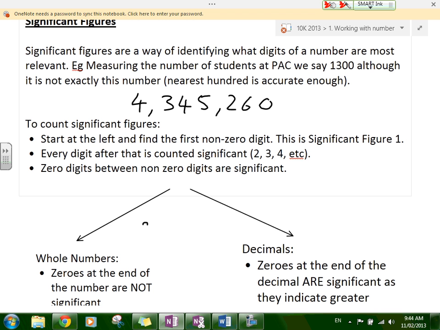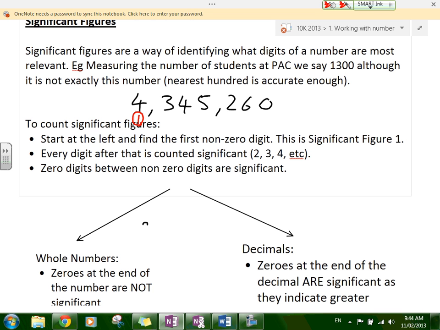This is significant figure 1. The 4 is significant figure 1. Every digit after that is counted as significant.